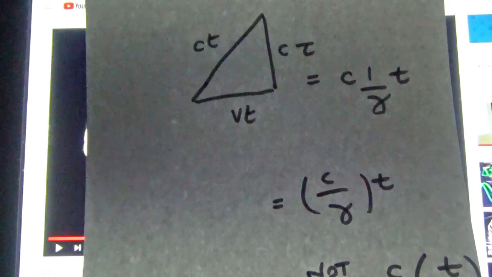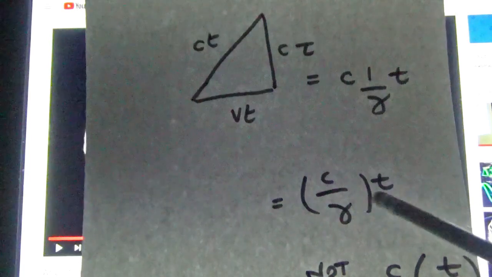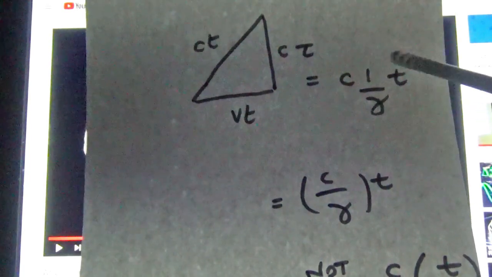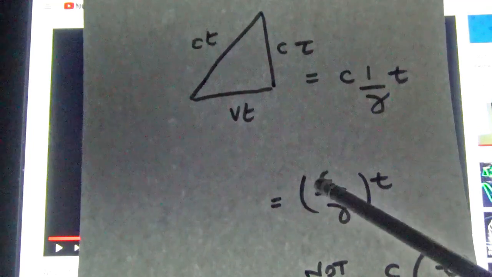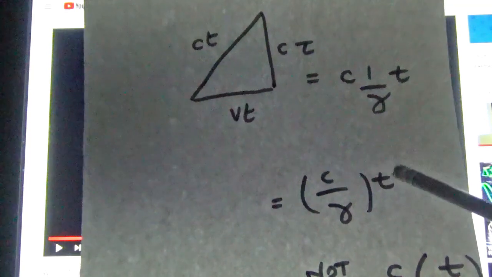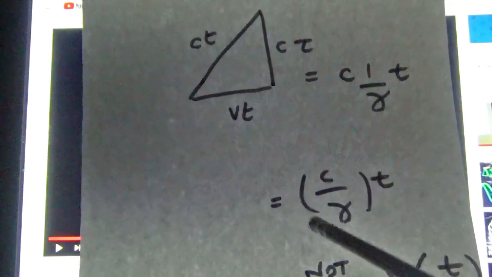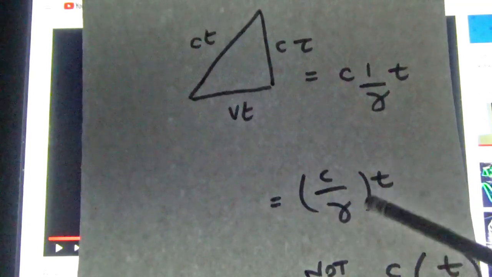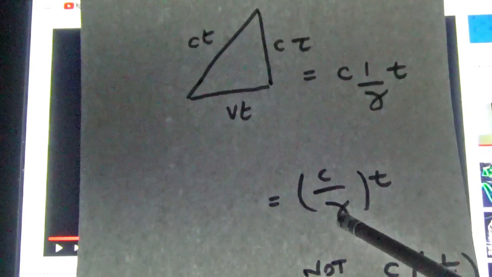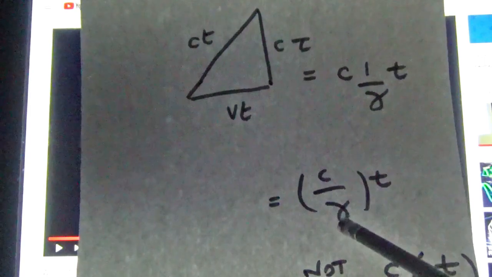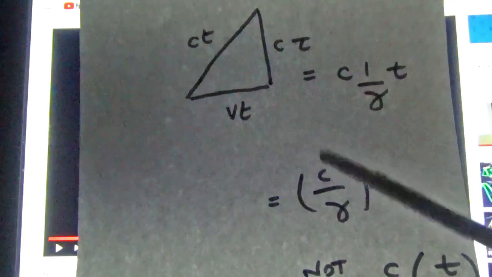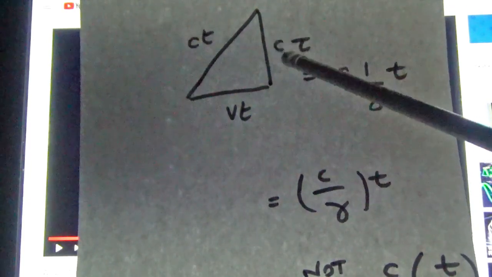And you say, hold on a minute, why are we having that? Why shouldn't it be c divided by gamma, and that's times t? Bracket that. So the speed along here is really c divided by gamma, and then the time will be t.